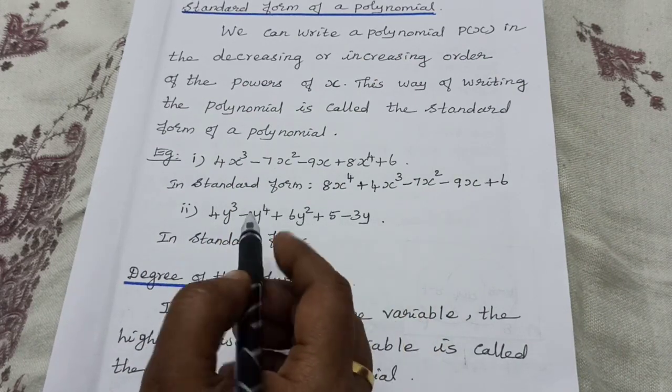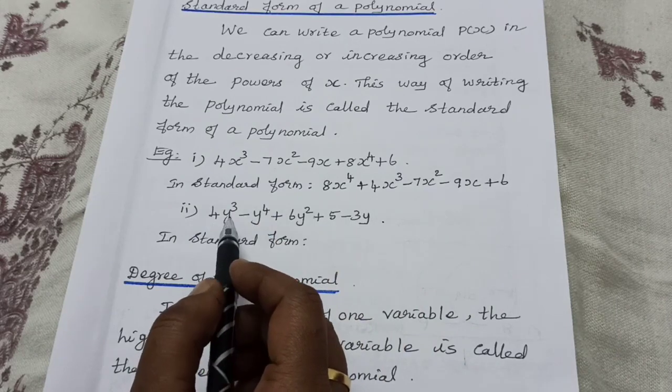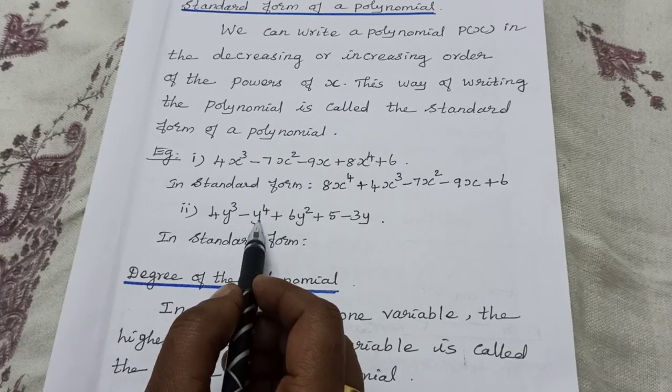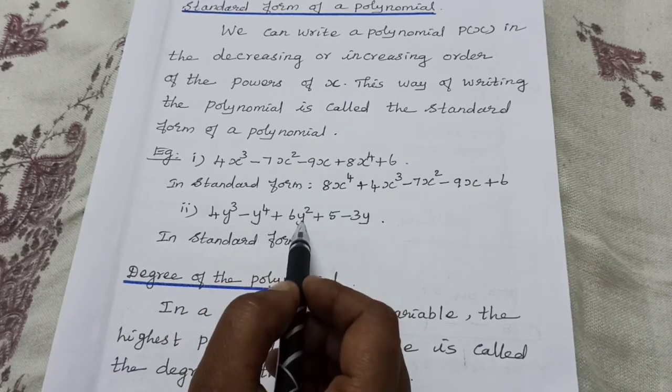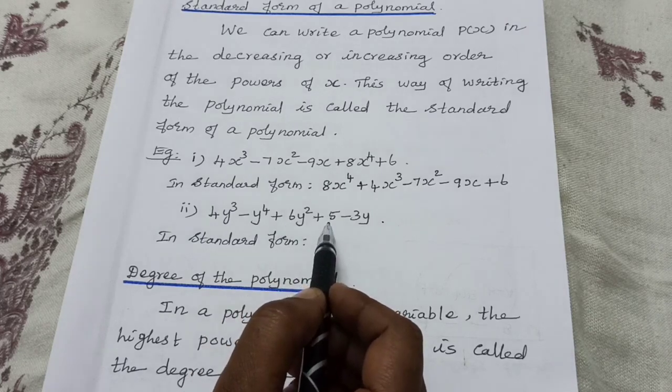Here y is the variable. What's the coefficient of y cube? 4. The coefficient of y power 4? Minus 1. The coefficient of y square? 6. And the constant is 5, isn't it?